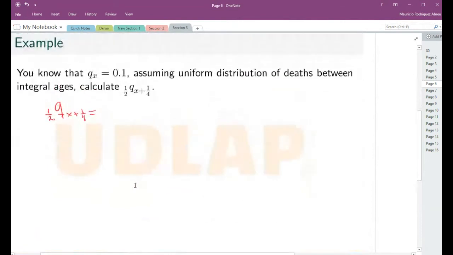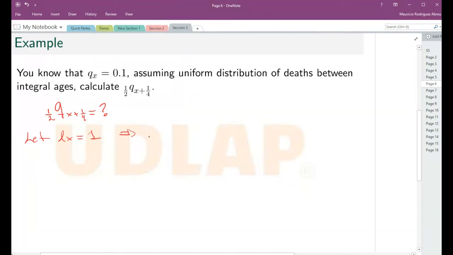Okay, so we have this expression. The first thing that I would do with expressions like this is try to see what we can do, okay? So let's assume X is just 1.